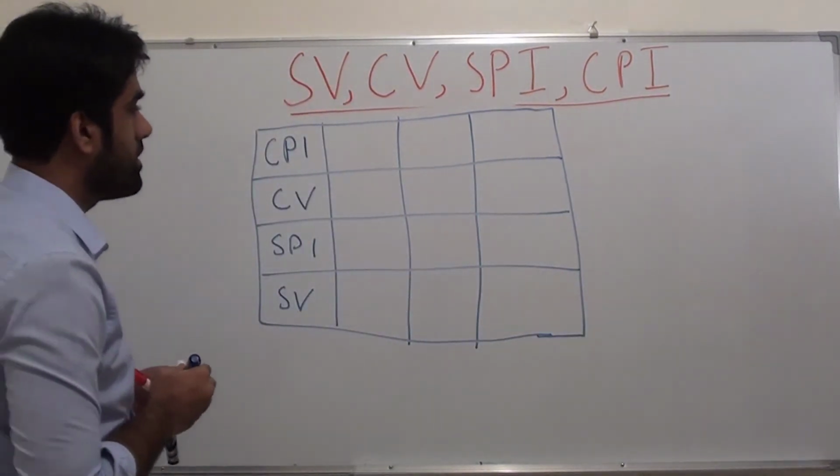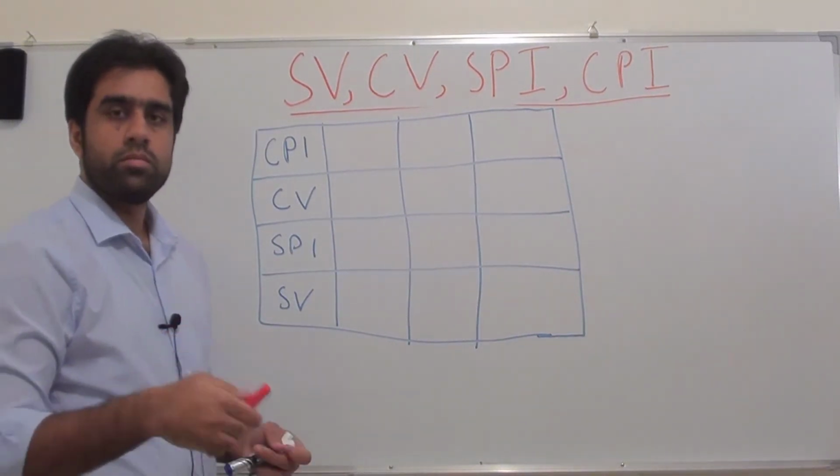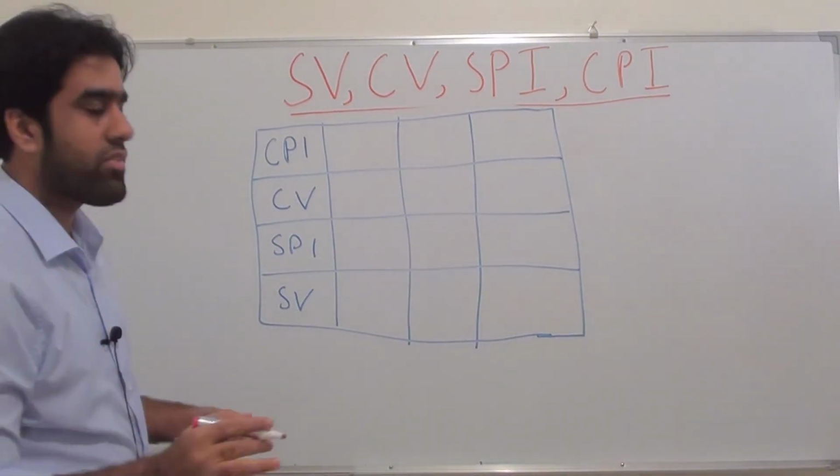In all these formulas, make it a rule of thumb that earned value will be on the left hand side.